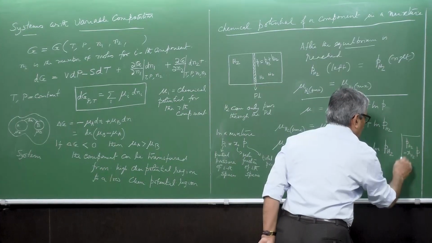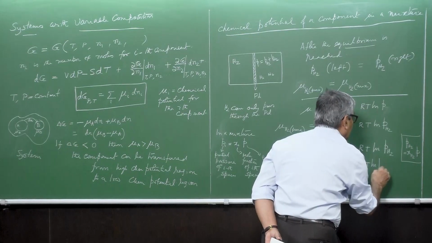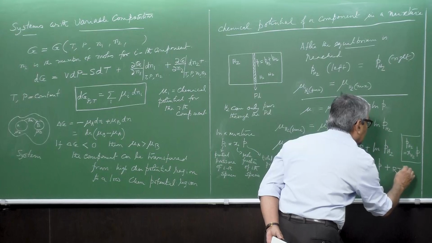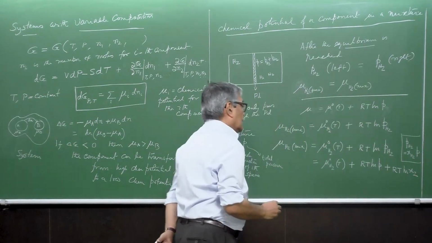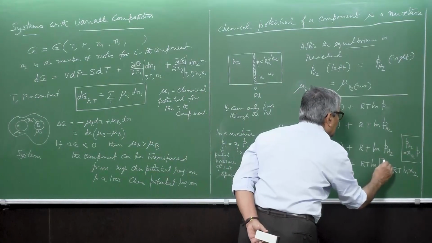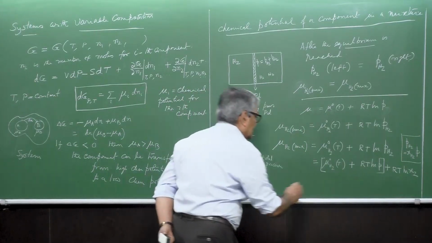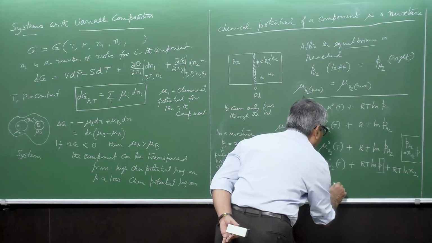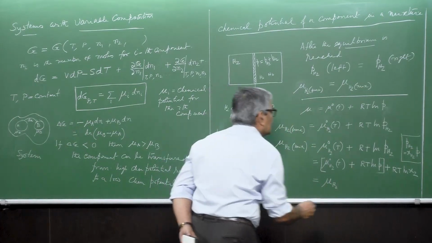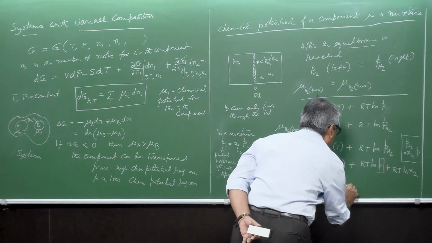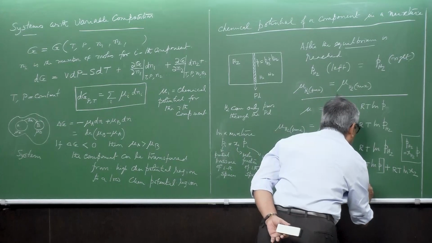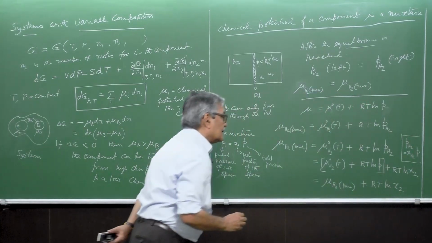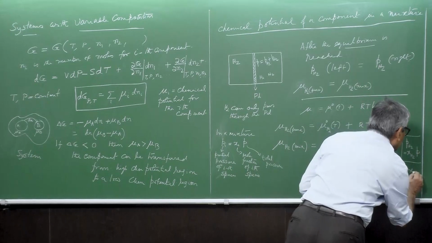So that means I have a P plus RT ln X2. So this quantity I can identify as some mu of H2, which is basically pure, and the rest is RT ln X2, or I should not write it X2, but X H2.